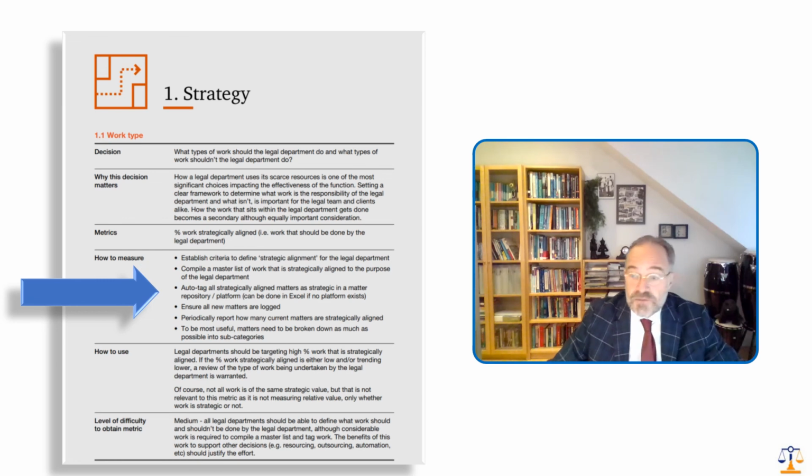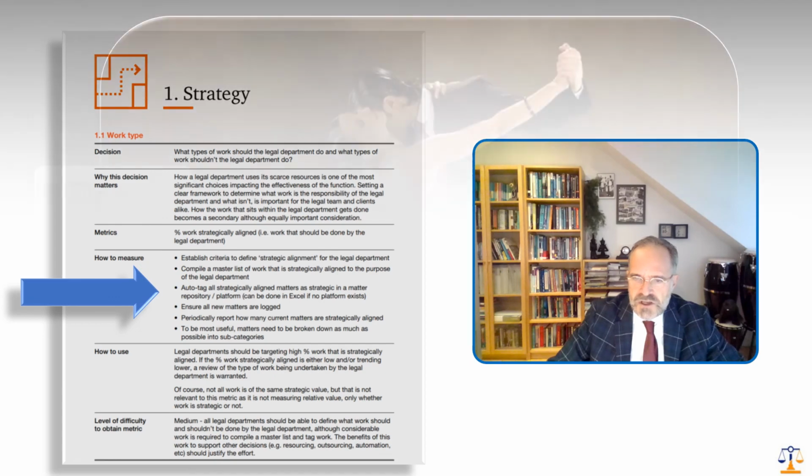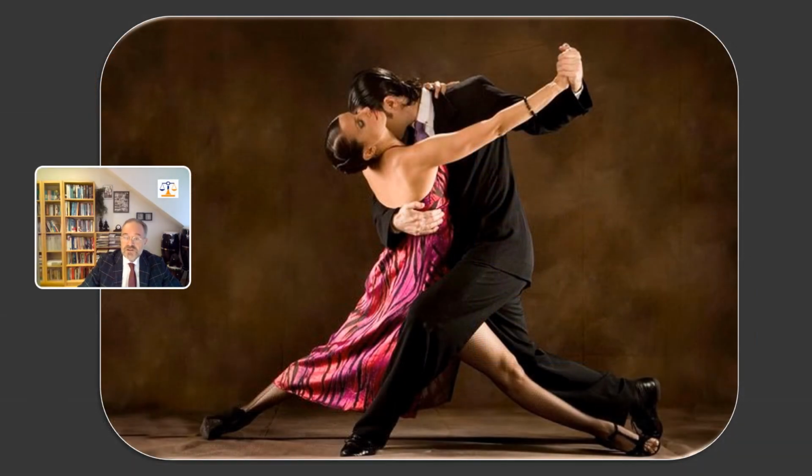So the challenge, the future challenge for managers and lawyers is to dance together in a tango, and you know it takes two to tango. And the final words of this lecture are what is reflected in this picture. It takes two to create value.